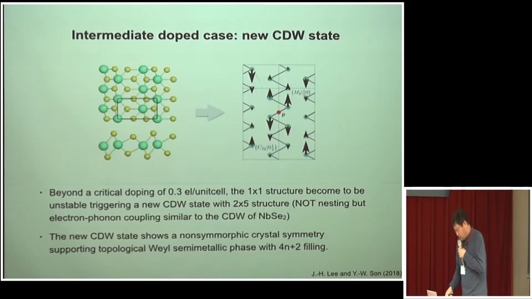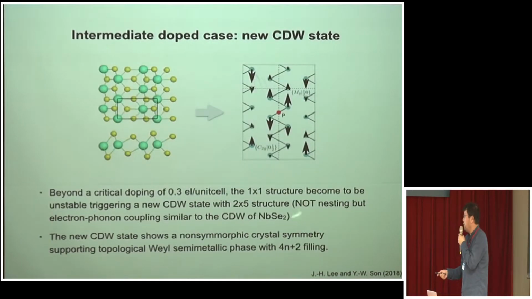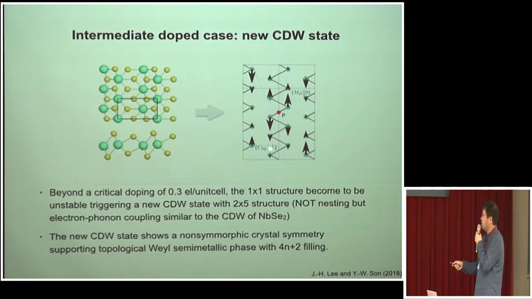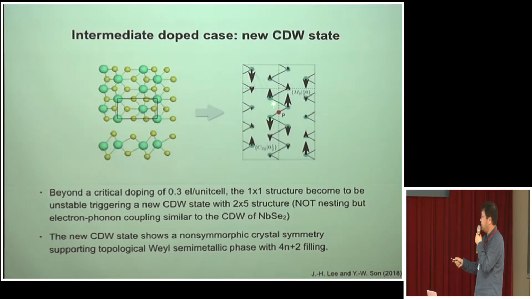So we found that this phonon softening can be relieved by these kinds of CDW states. We denote these as chains of transition metals. Then this is the exaggerated movement of the transition metals.